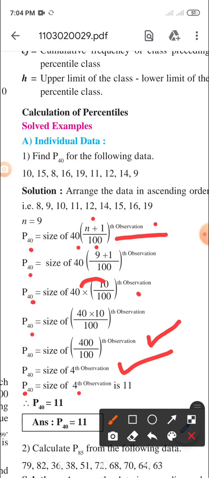Listen carefully, you must take the value of the observation from the data arranged in ascending order. So the fourth observation: first observation, second observation, third observation, and fourth observation. So our answer is 11. So P40 is equal to 11.